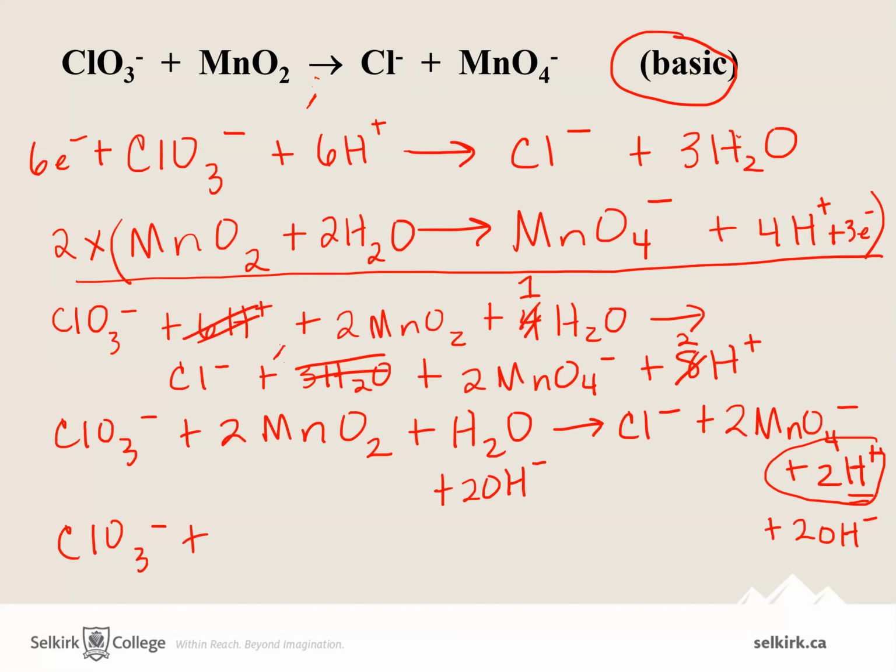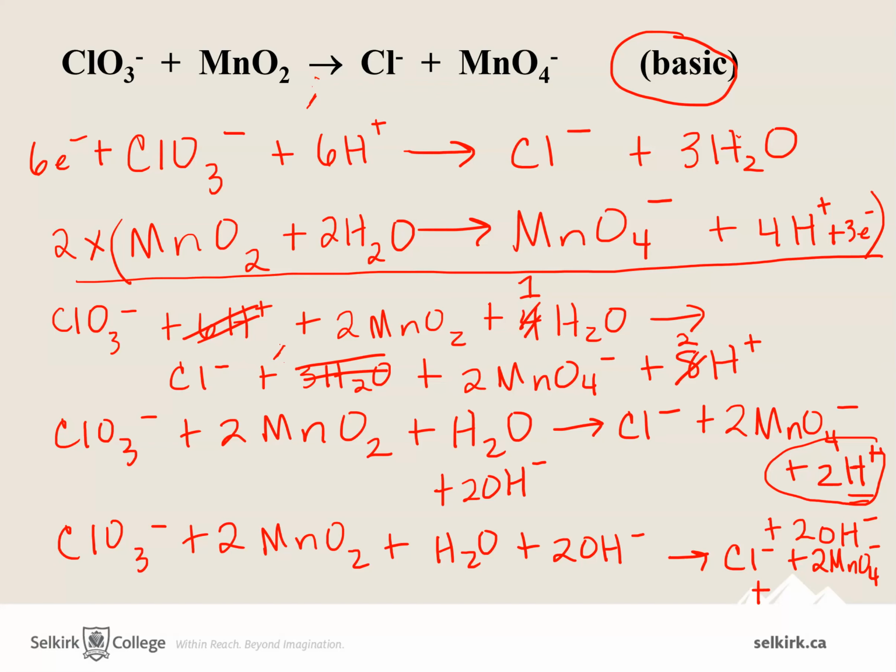ClO3 minus plus 2 MnO2 plus H2O plus 2 hydroxide gives me Cl minus plus 2 MnO4 minus. Now 2 H pluses and 2 OH minus makes 2 water.